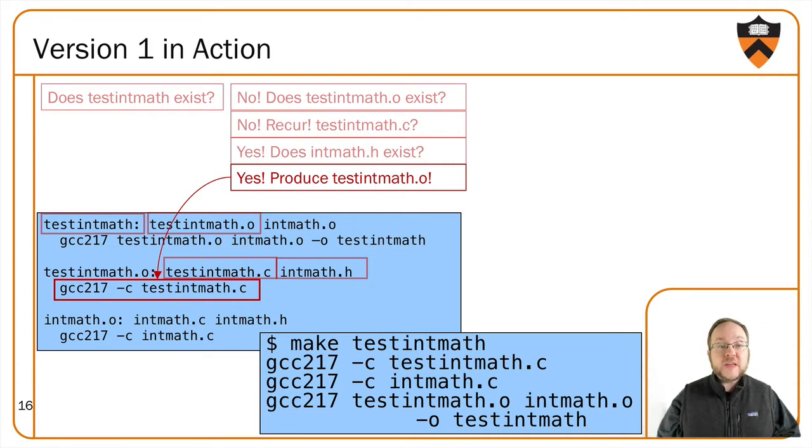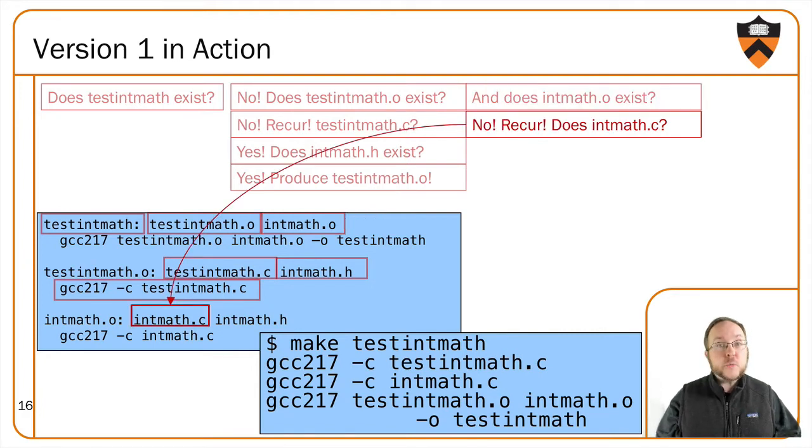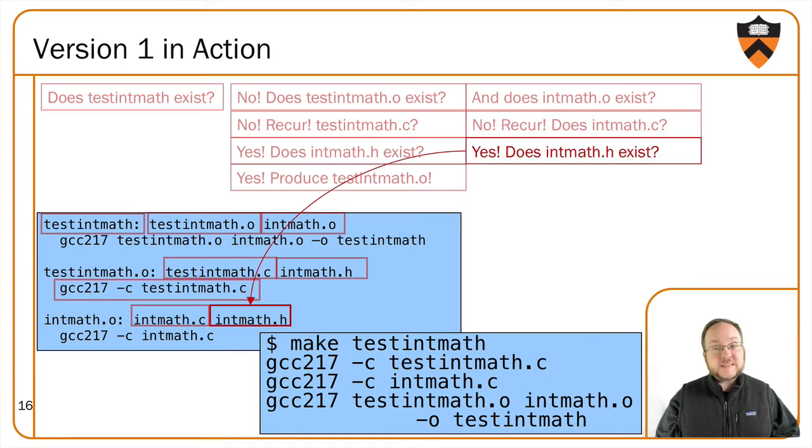So having accomplished that, we check the box that testintmath.o is done, and now we can check on the second prerequisite. Does intmath.o exist? Again, it doesn't, so we're going to recur. We're going to check, does intmath.c exist? It does. We'll check the second prerequisite for intmath.o, intmath.h, it also exists.